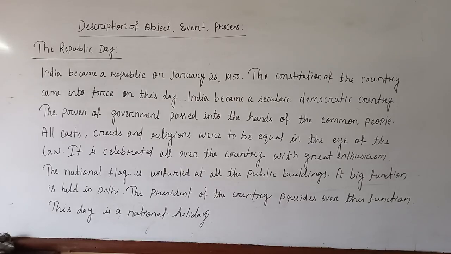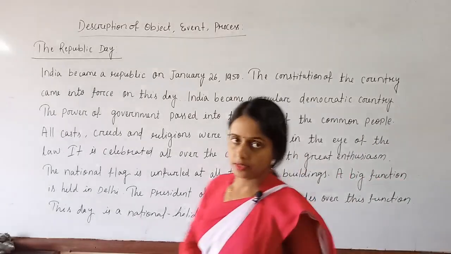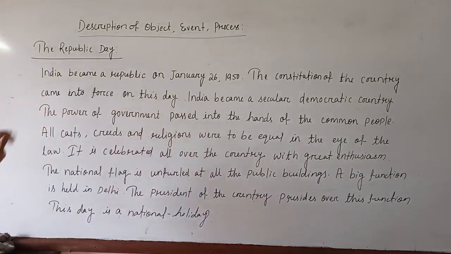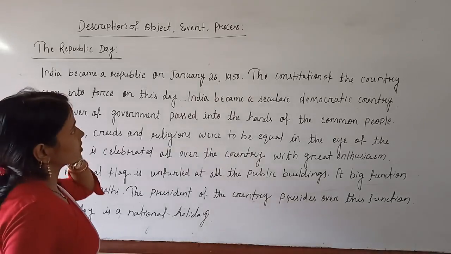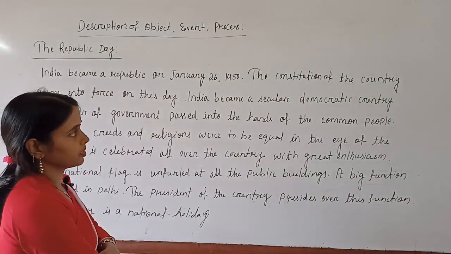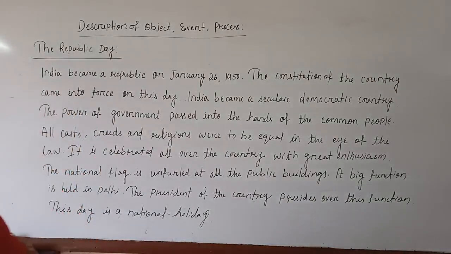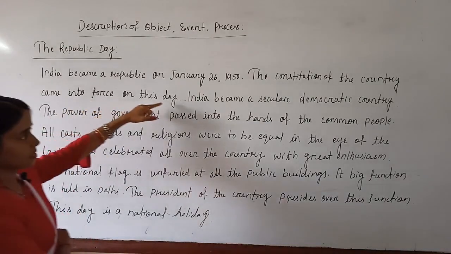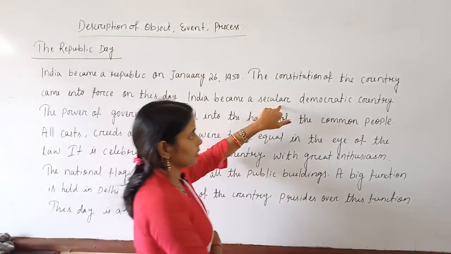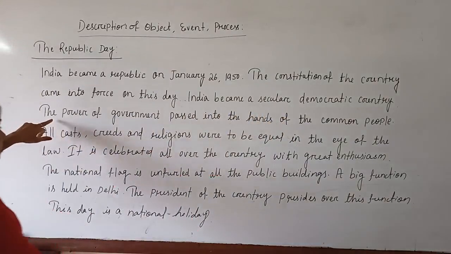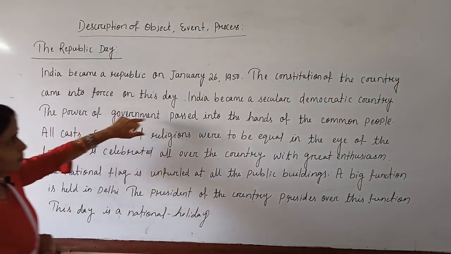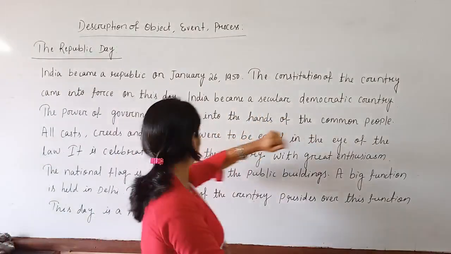The next one I have written is an event, and the event is the Republic Day. India became a republic on 26th of January 1950. The constitution of the country came into force on this day. India became a secular democratic country. The power of government passed into the hands of the common people.